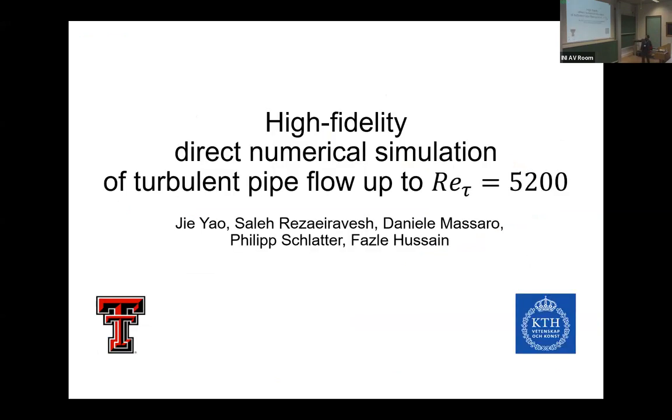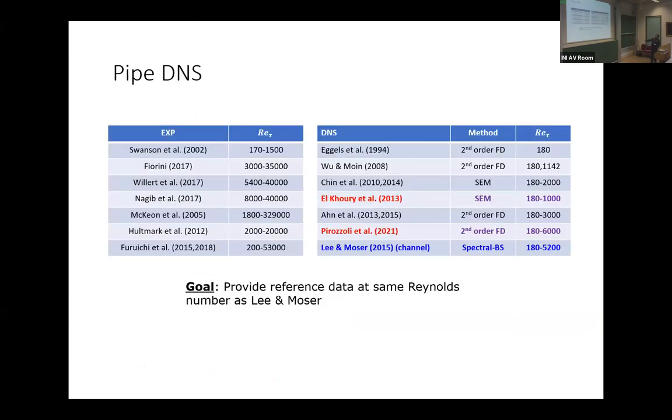This is work together with Fazl's group at Texas Tech, and it was mainly G that did these simulations. So the basic idea was we realized that when looking at the available DNS data in the literature, there's of course the simulation by MK for channel flow at Re_tau 5200, with very good resolution, spectral methods, etc. But if you look at pipe flow, you see that everything stops at around Re_tau 1000, 2000, maybe, far from the low order simulation by Pirozzoli from last year.